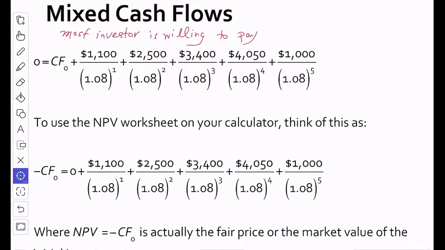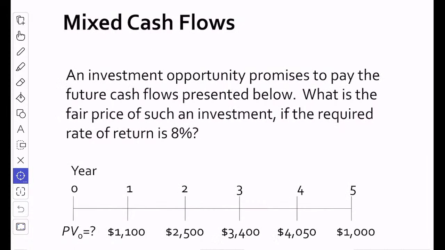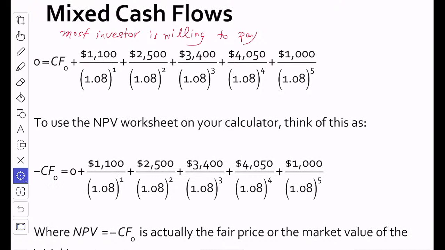So when I look at that, I've written up this problem as an equation, and now what I want to do is convert it so that I can actually use the NPV worksheet on the calculator with the CF keys. So I invert these, and now what does this tell me?